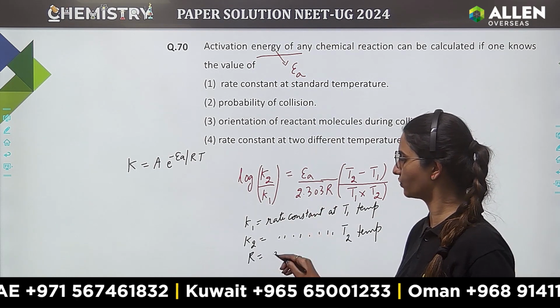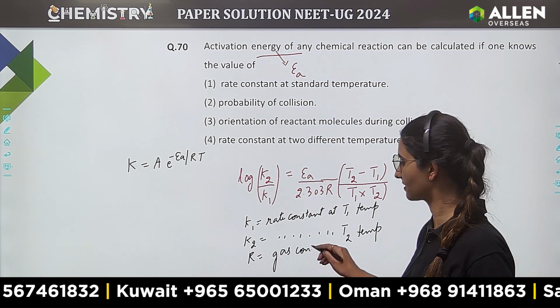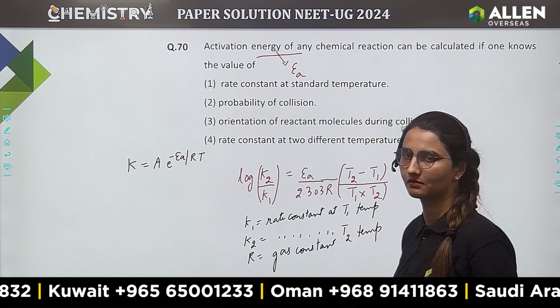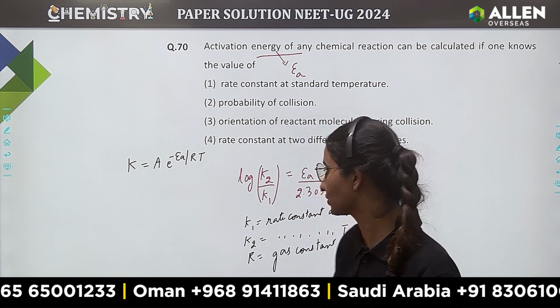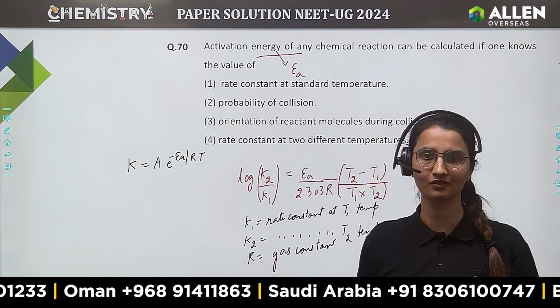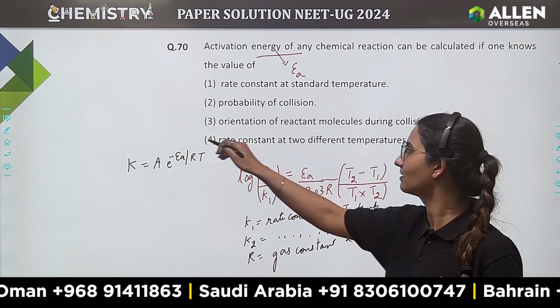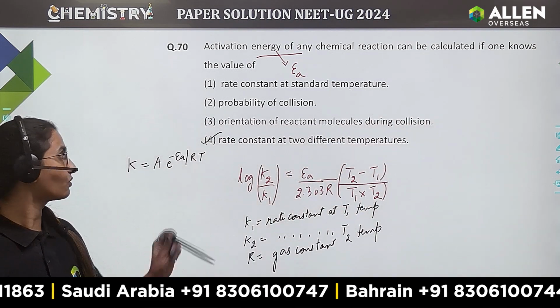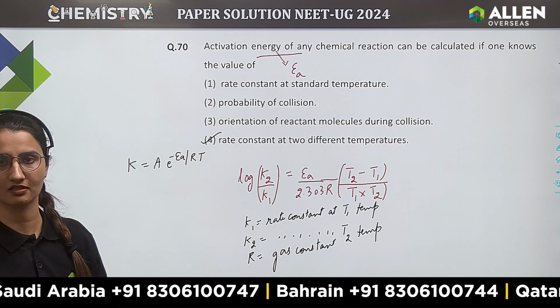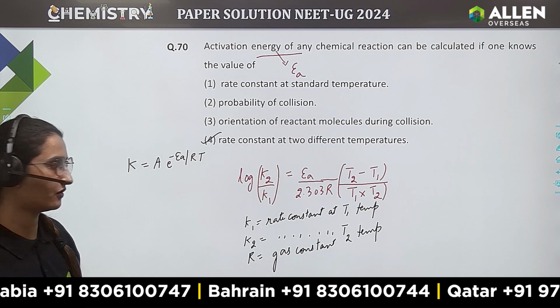R is your universal gas constant. So students, if we find out the rate constant at 2 different temperatures using this equation, we can find Ea, no? By knowing rate constant at 2 different temperatures, we can find activation energy. Correct? Right.